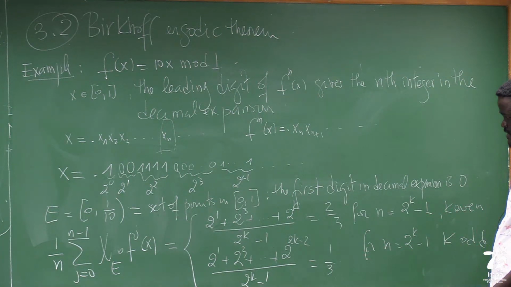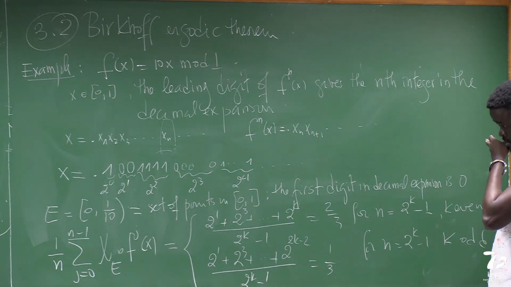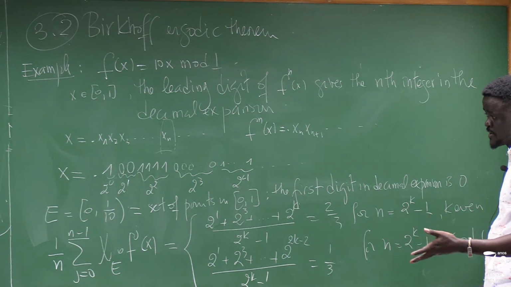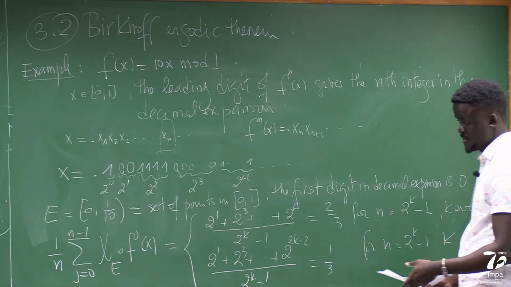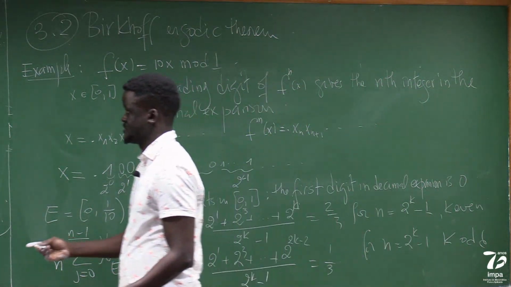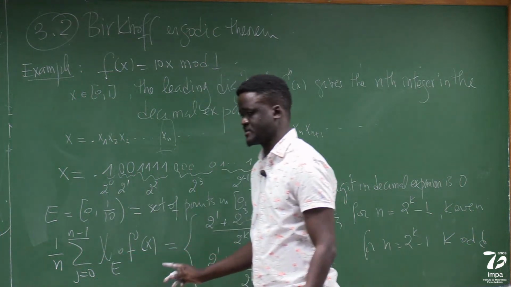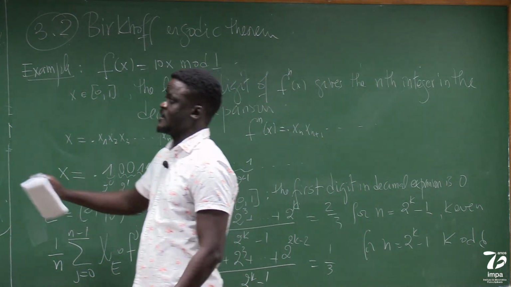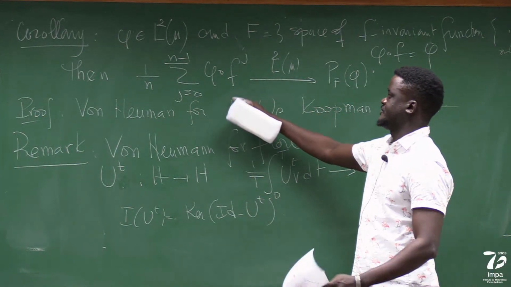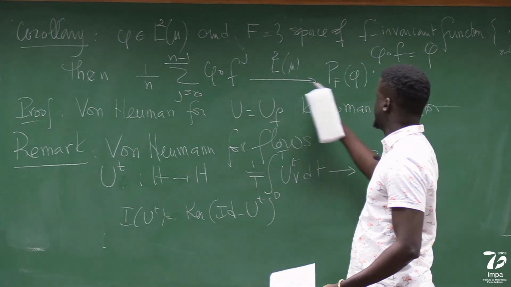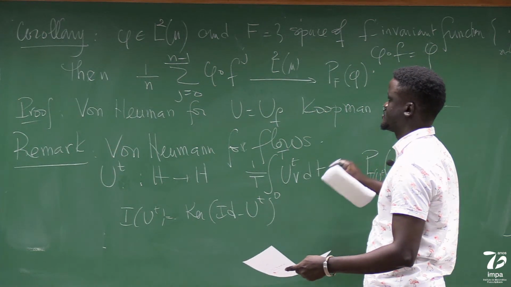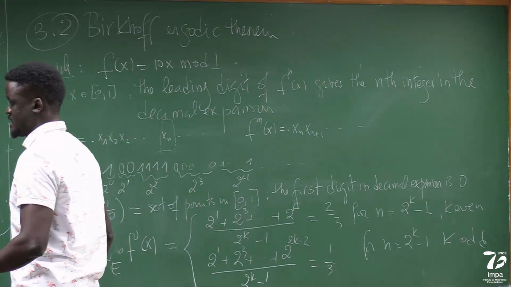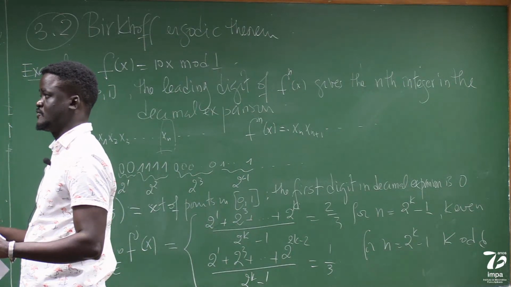So this is just telling you that there are points for which you don't have convergence point-wise of the time average. As I was saying, here we have convergence of the functions, and in this section we are interested in convergence point-wise. Already this example is telling you that there are points where you don't have convergence point-wise.